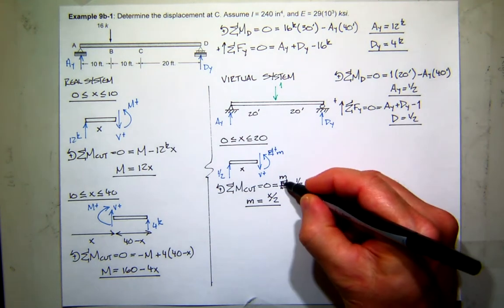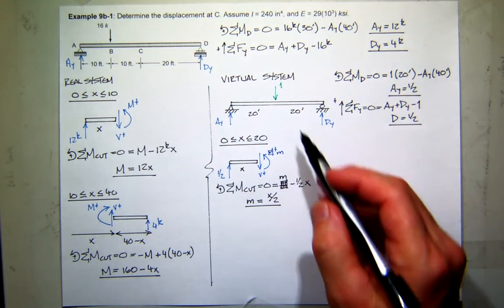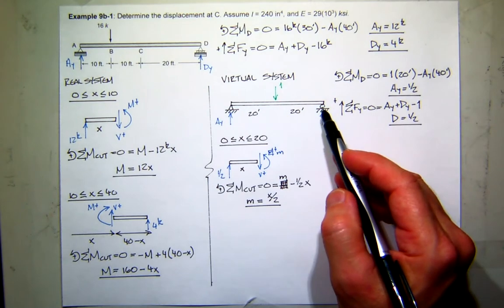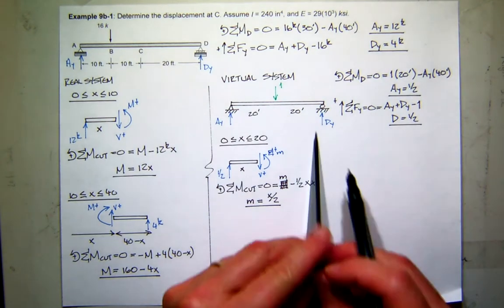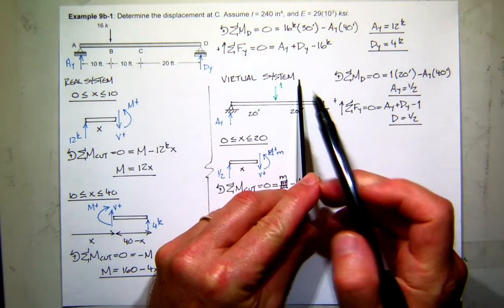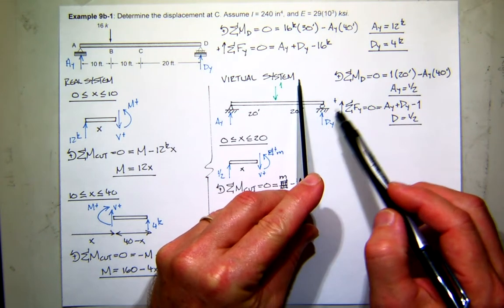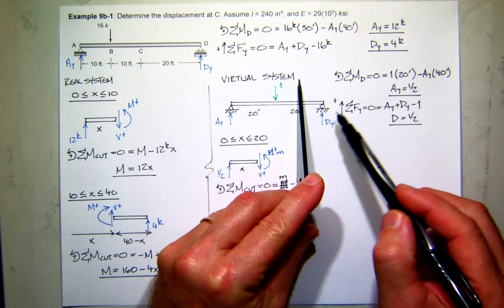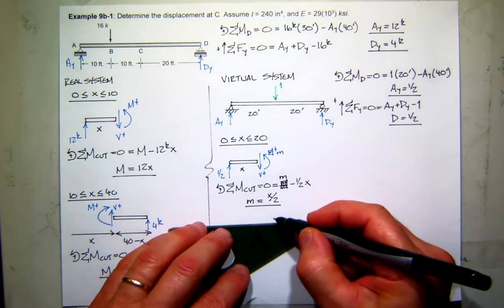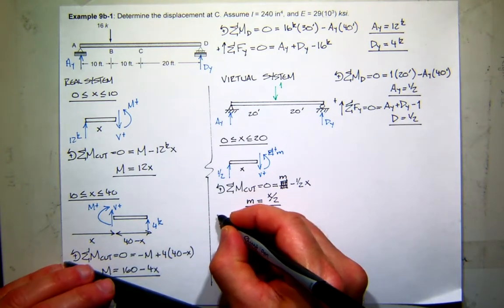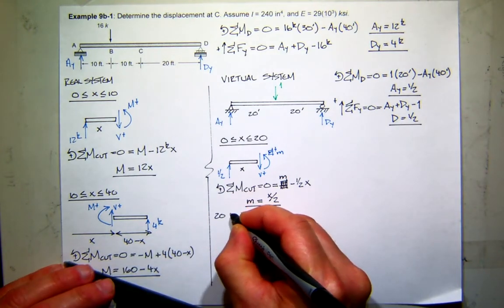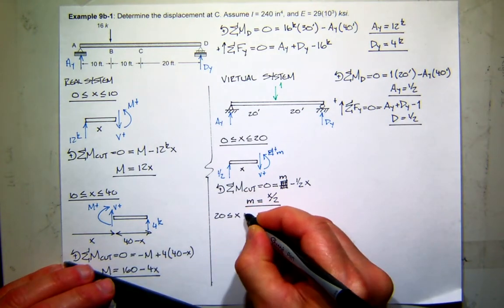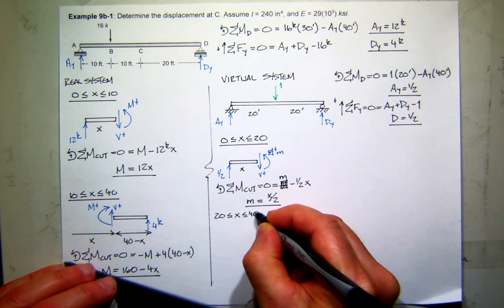So I have one more segment to do from 20 to 40. And again, if I cut the structure, left side, right side, looks like the right side is going to be a little easier to do. So I'll draw a section for that. So this will be good from 20 to 40.